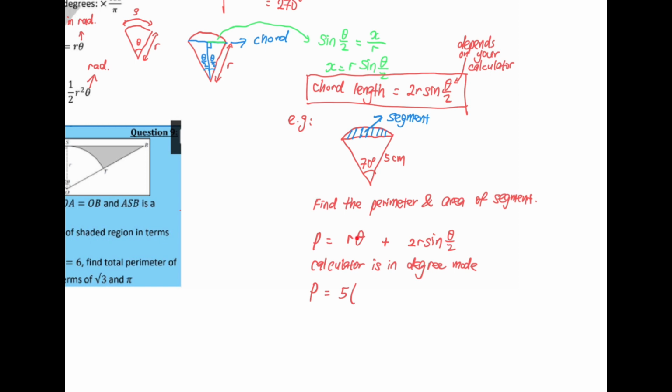So you change degree to radian: 70 times pi over 180. So you change that to radian. Plus 2r. R is 5. Sine. Okay, our calculator is now in degree mode, so you can use degree straight away. 70 divided by 2. This is degree. Okay, then we can just press everything like that, and then you will get the perimeter. Okay, so let's say I just key in everything here.